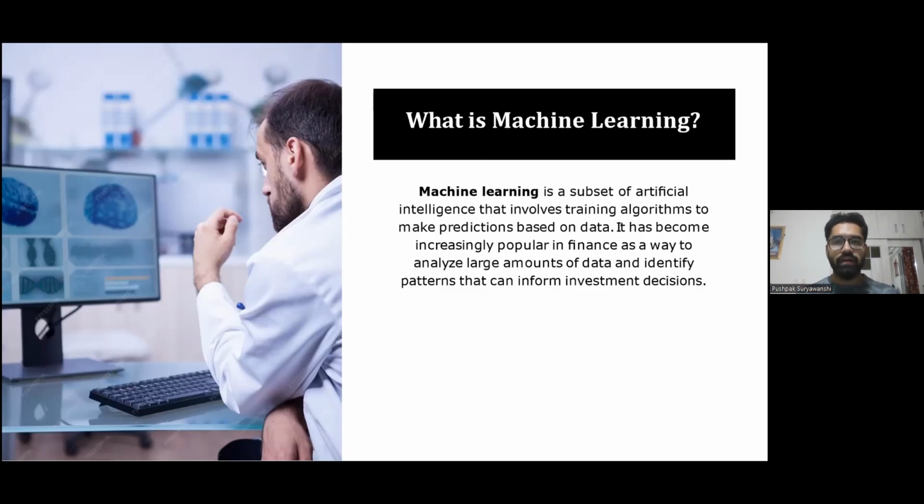And what is machine learning? Machine learning is a subset of artificial intelligence that involves training algorithms to make predictions based on data. Basically, in simplest words, it is like training a computer based on certain examples.